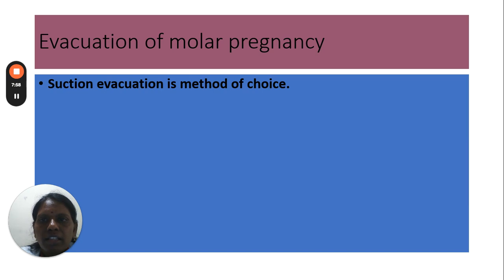Management: after appropriate and relevant investigations, we need to treat with suction evacuation. This is the ideal method. Before planning suction evacuation, we need to keep packed cells ready. It can be done under local anesthesia or short general anesthesia.